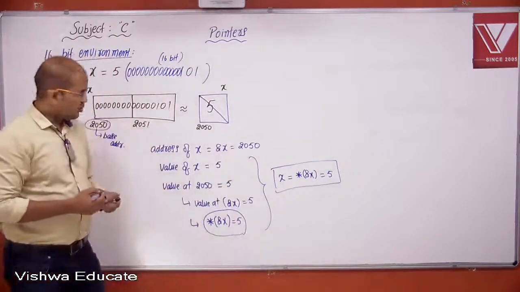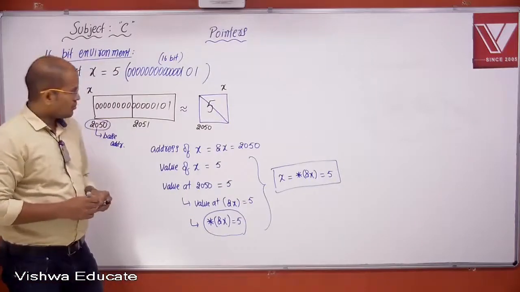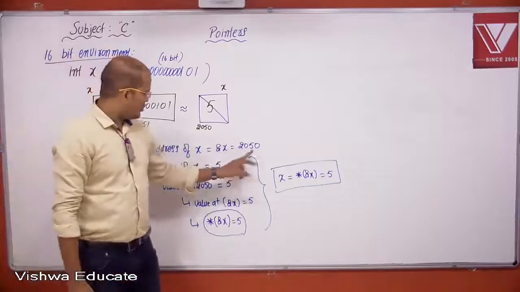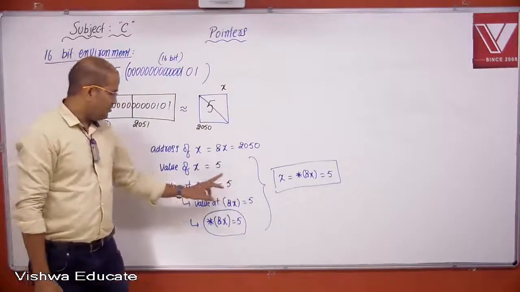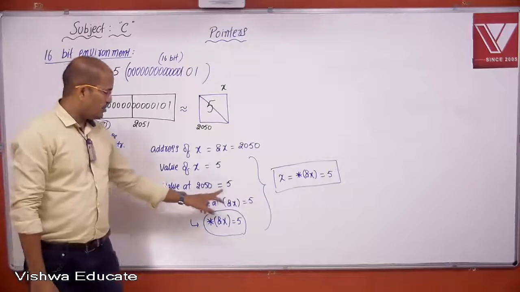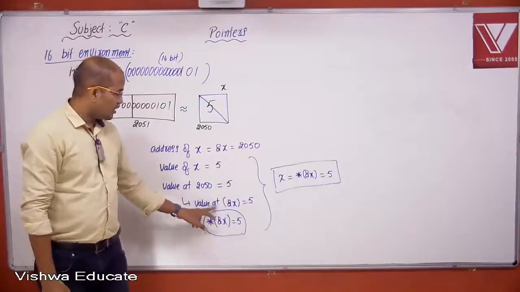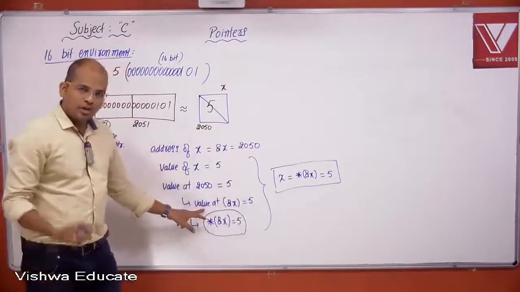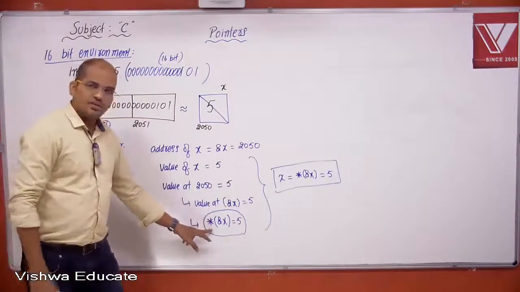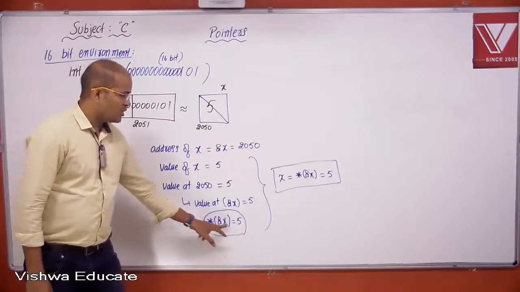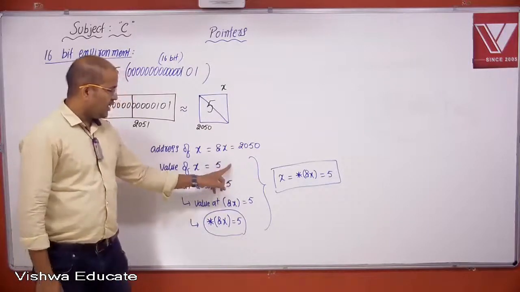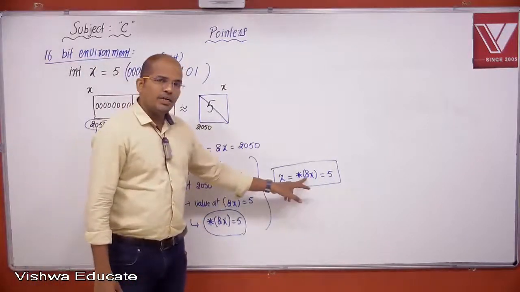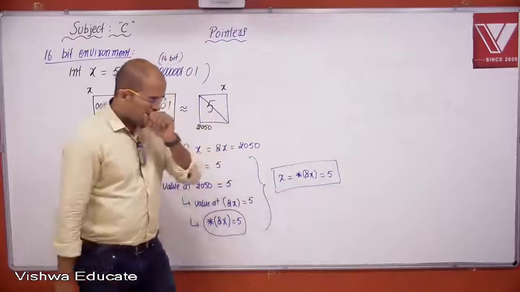True or not? Should be true. Address of x is 2050, value of x is 5, value at 2050 is 5, and value at, I write 2050 as address of x, is 5. And value at has a symbolic notation, asterisk. So value at address of x is 5. So from the second line and the last line, can I equate that x is the same as value at address of x, which is 5?